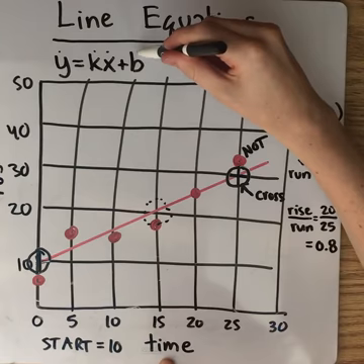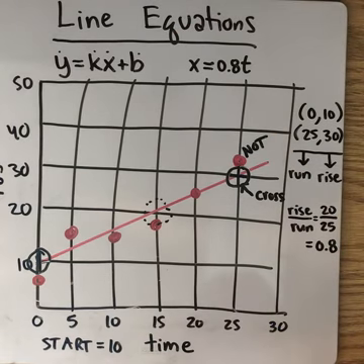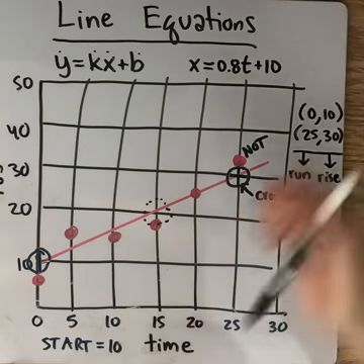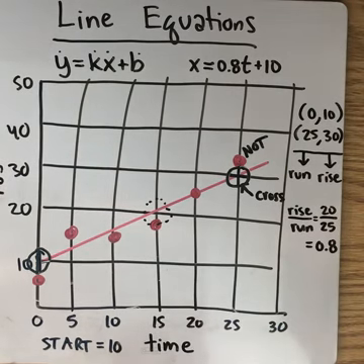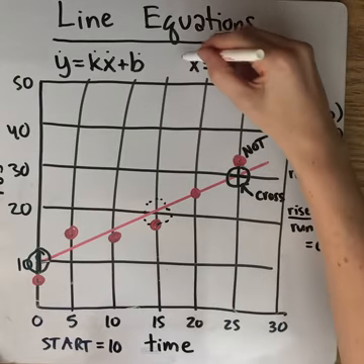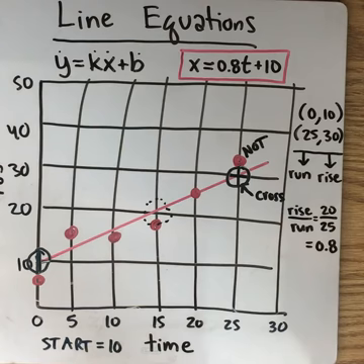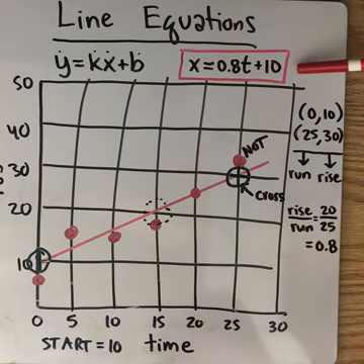And finally, we come to b. b is what we call the initial condition, or the y-intercept. It was where the graph started. We decided the graph started at 10, so I'm going to do plus 10. This is our final answer. This is what would give you full points.